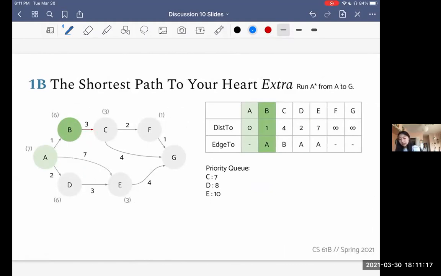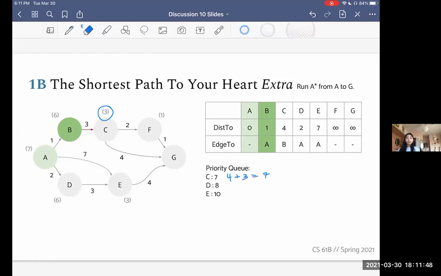The cumulative distance from A to C is 4, because the distance just to get to B was 1, and then this additional edge from B to C puts us at 3 more to get all the way to C, starting from A. So the cumulative distance from our start to C is 4. And we estimate that from C, we're still 3 away from the goal. So 4, the distance 2, plus 3, our heuristic, is 7.